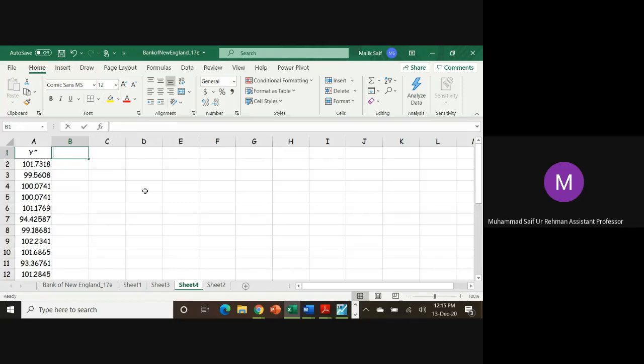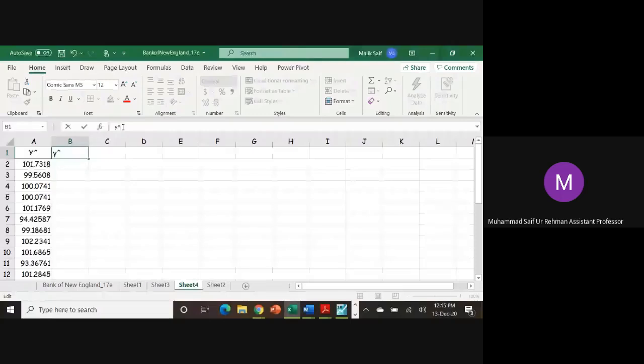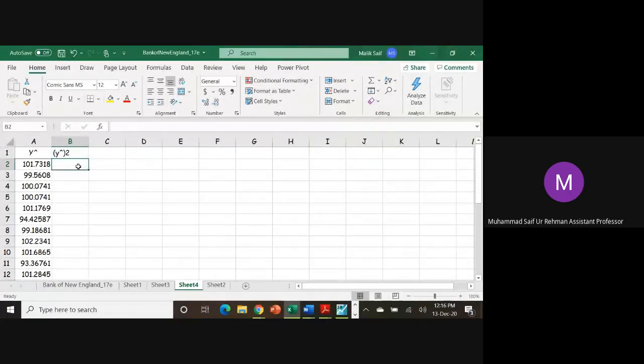So y hat square. Take care of the y hat term. Okay. So simply take the square, have this value, take care of this, press enter, this is the answer.